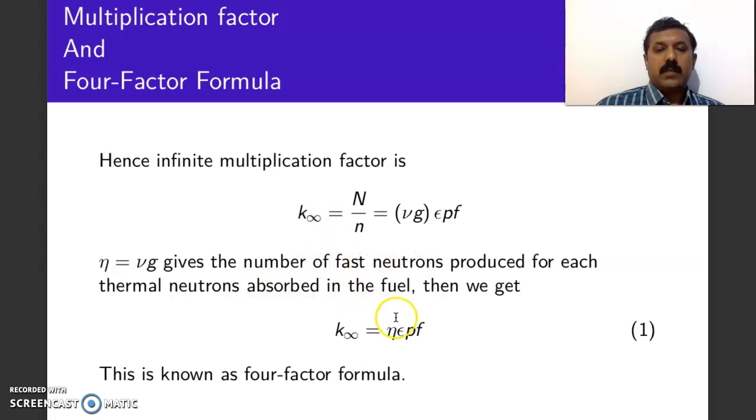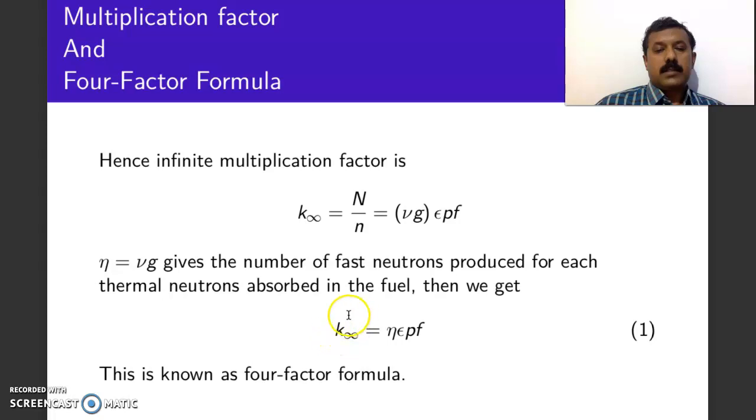Then K infinity will be equal to eta, epsilon, P and F. These are the four factors which determine the value of K. Hence the formula is called the 4-factor formula, and this is valid for an infinite reactor, but for a reactor of finite size, a correction is to be added. And avoiding leakage, in fact you can see that this K will be equal to K infinity.